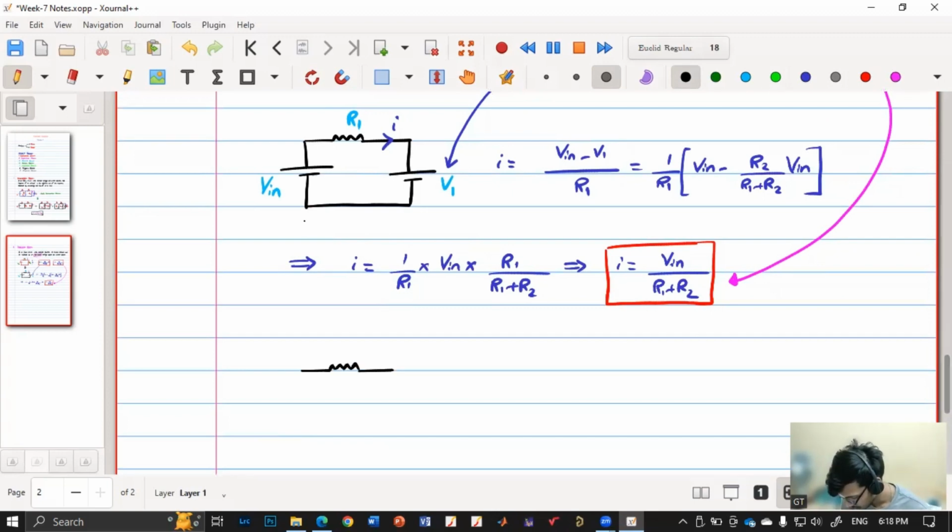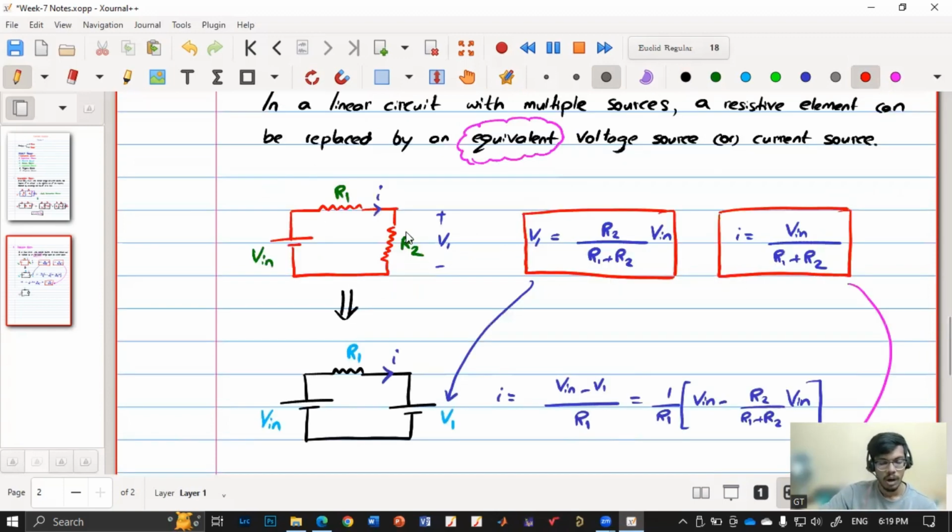Yes, sir. So now I'll consider a current source. And what will be the direction of the current source? That is very crucial. Upwards or downwards? How is the current flowing in R2, from top to bottom or bottom to top? It is flowing like this, right?